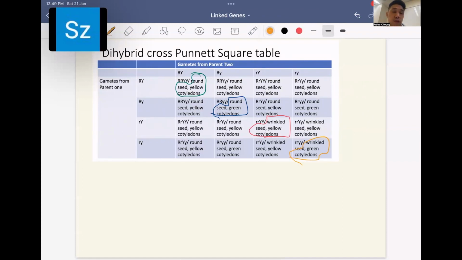So these are the four phenotypes that can be produced from this cross. Now, the second thing we need to do is count how many there are.